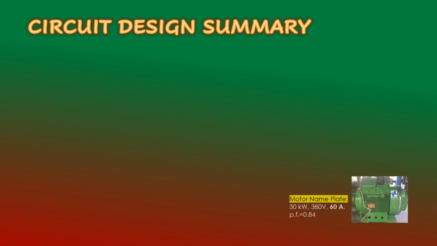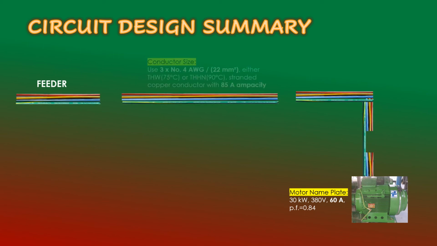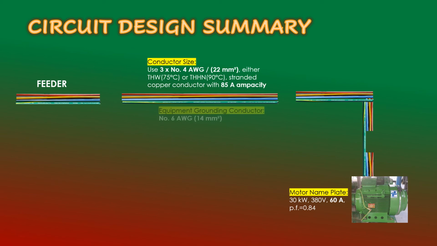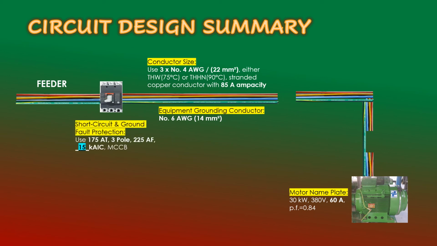Now let us see the update of the circuit design. We have a motor, 30 kilowatt, 380 volts, 60 ampere, 3 phase, power factor 0.84. We have the feeder conductor, for which we have already calculated the conductor size, also the equipment grounding conductor and the short circuit and ground fault protection.